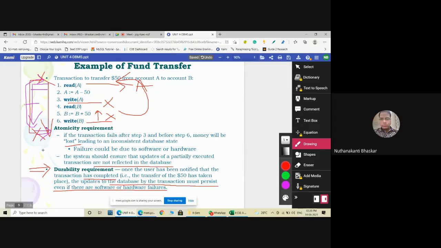That is the duty of durability. It always checks whether the database is durable or not. If anything is going to be missed, it will be notified. This is exactly the durability of the transaction. Clear?